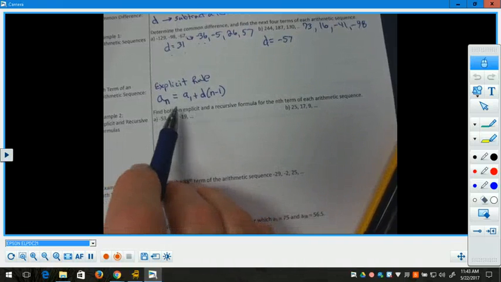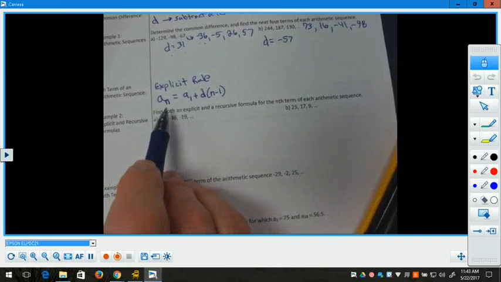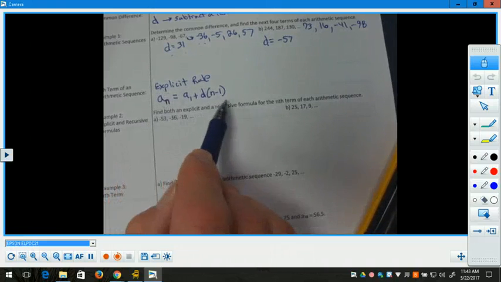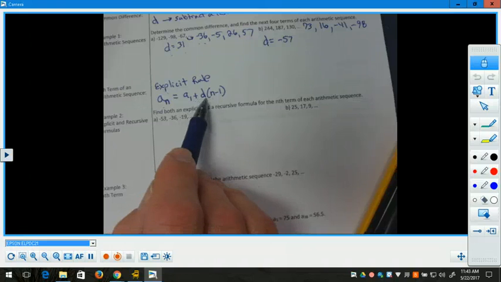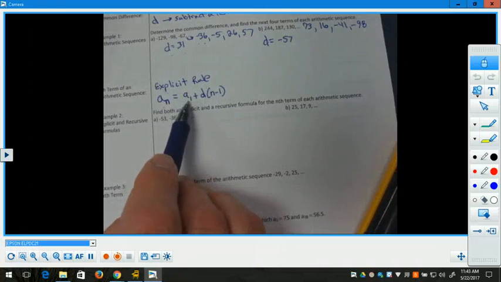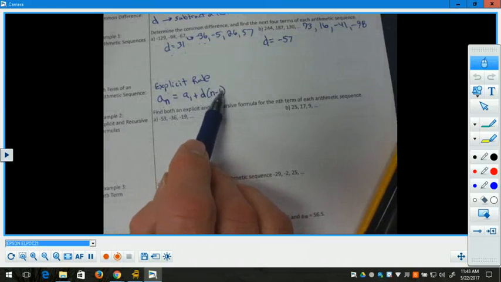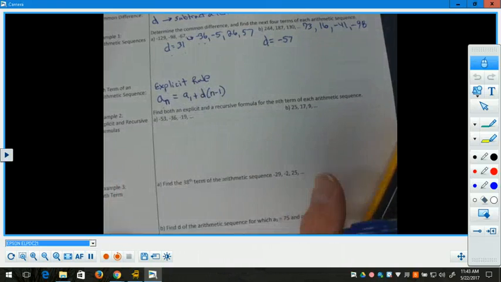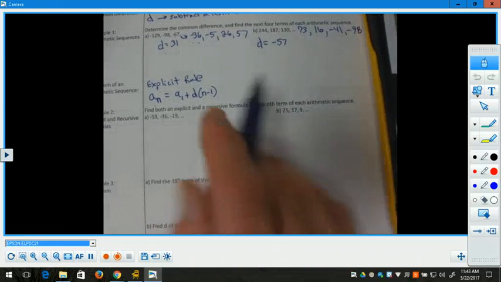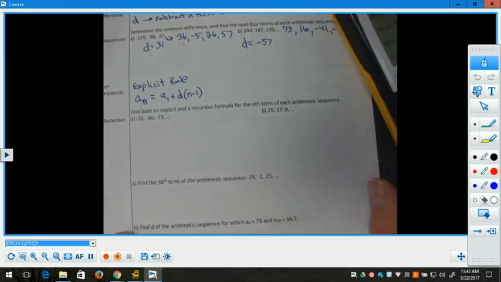Some of you see the similarities between this and a linear equation. This is y, that's our output. X is our input. We have our slope here. And this is the initial value. It's not really our y-intercept, though, unless we distribute d and combine that with a sub 1. But we don't have any exponents or any fractions that involve the value n, so this is a linear equation.